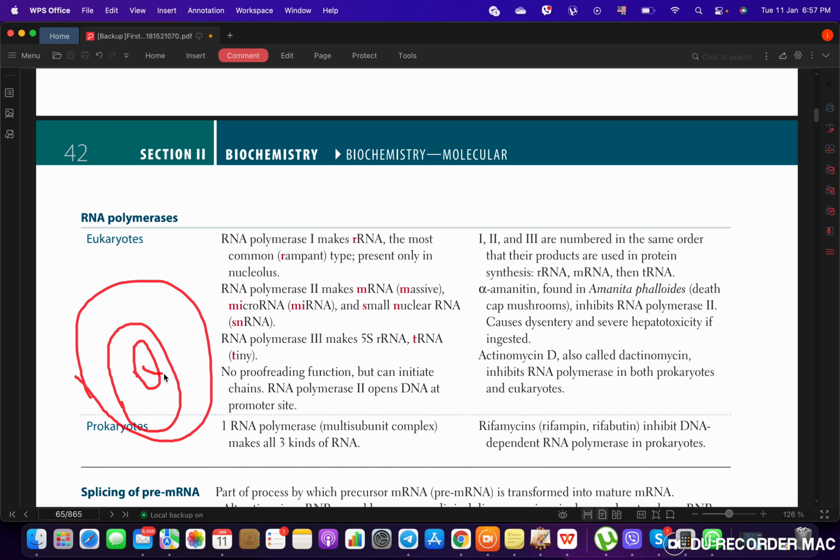A nucleolus makes what? rRNA. Yeah? And the rRNA makes what, guys? What does the rRNA make? Ribosomes. Absolutely. It makes the ribosomes. Yes. So if someone asks you in the future, where are the ribosomes made inside our body, what will you tell him?